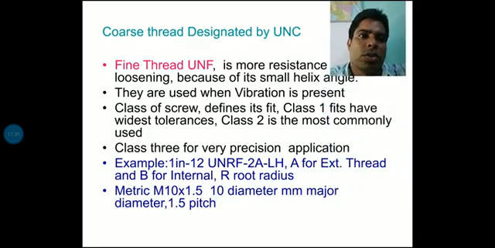For that case you have to know that in M10, 10 means the major diameter, M means metric thread, and 1.5 means the pitch. That is the expression of M10 into 1.5.